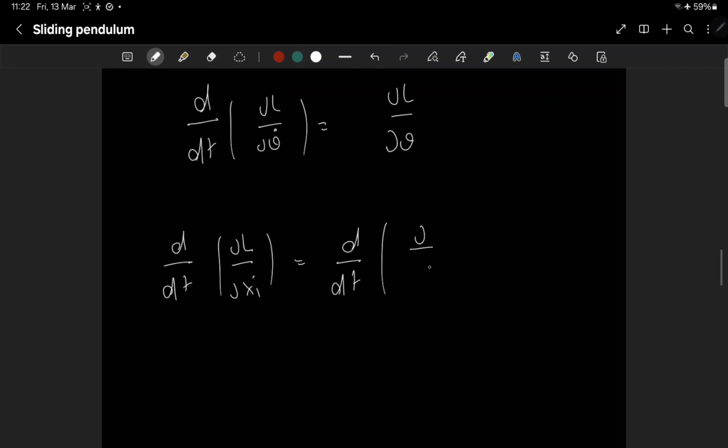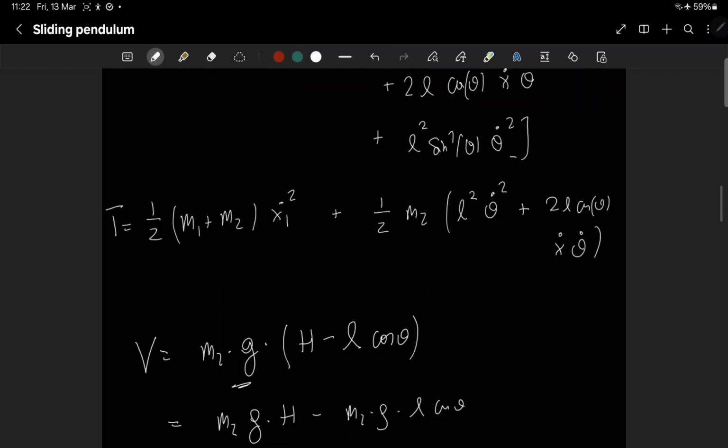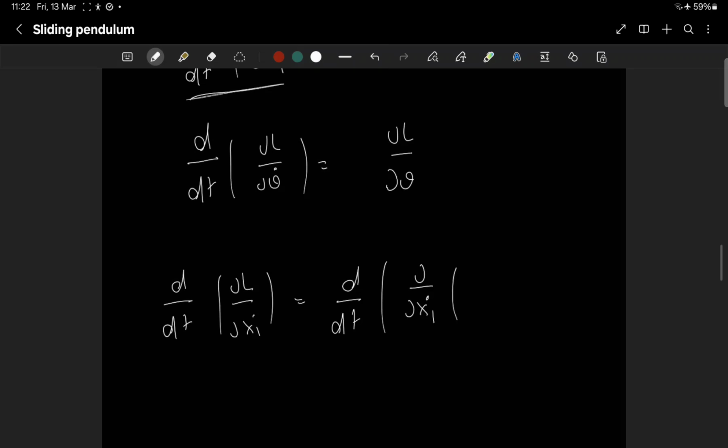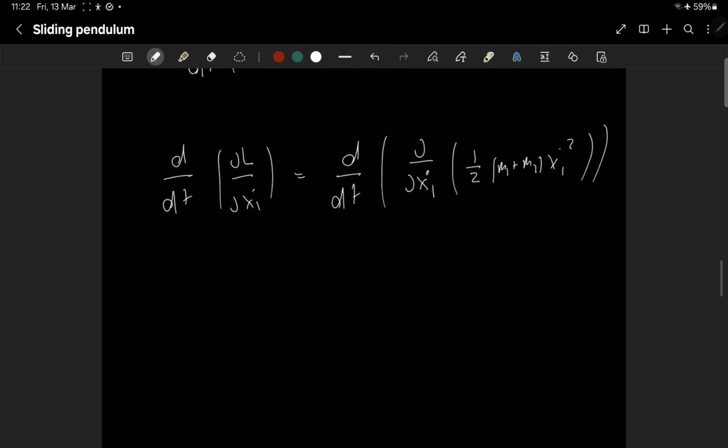So let us calculate d by dt partial L partial x1 dot, which is d by dt, and then we have partial x1 dot of 1/2 m1 plus m2 x1 dot squared. And this is just equal to, well, you've got the x1 dot squared over here, so that the 2 comes down and we have the linear x1 dot left.